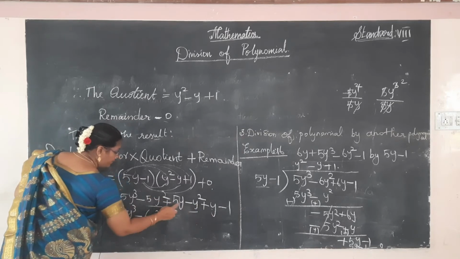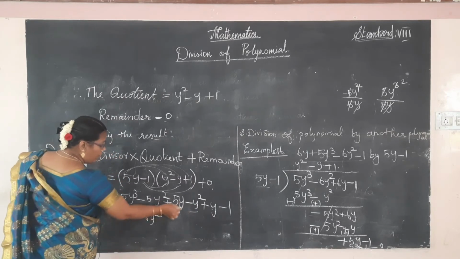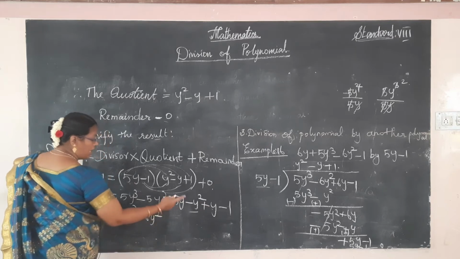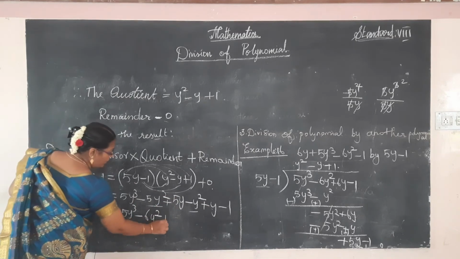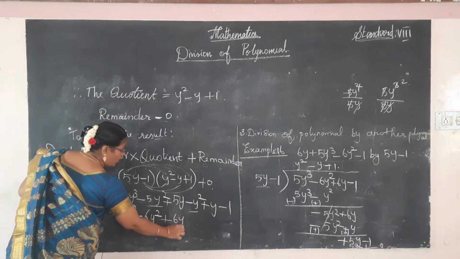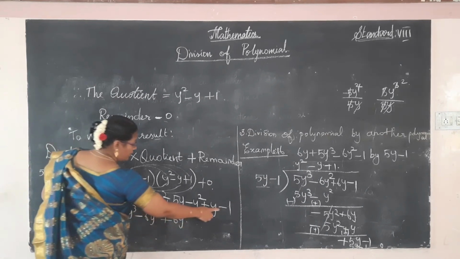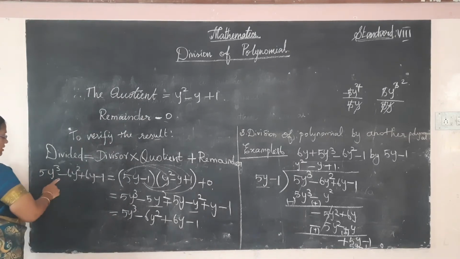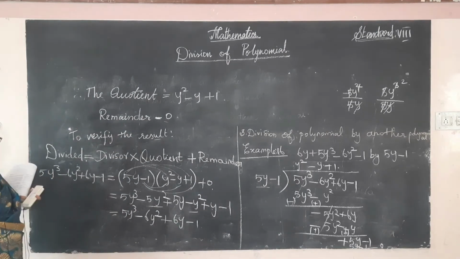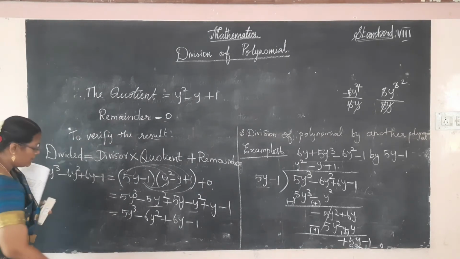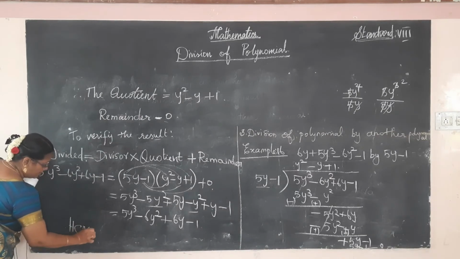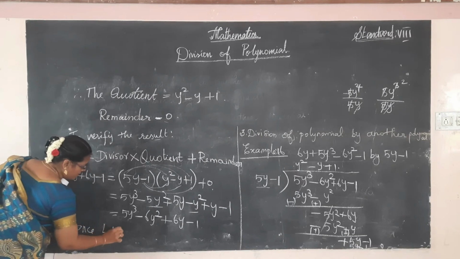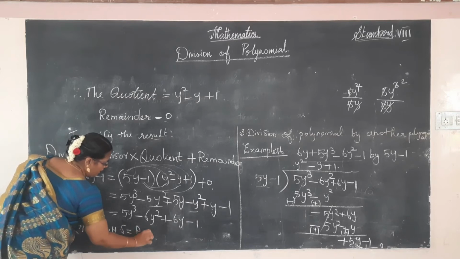And the y term: 5y plus y, both positive, so add and put the same sign, so 6y. Then the remaining constant term is minus 1. See, the left hand side and right hand side are equal. Hence, left hand side is equal to right hand side.